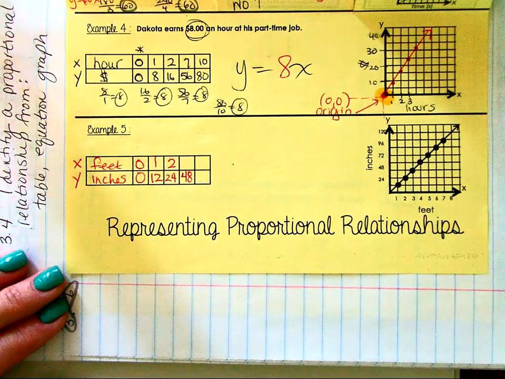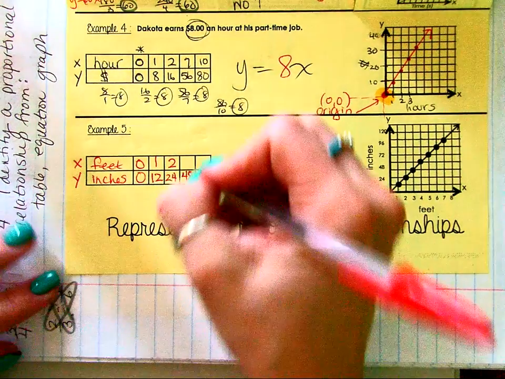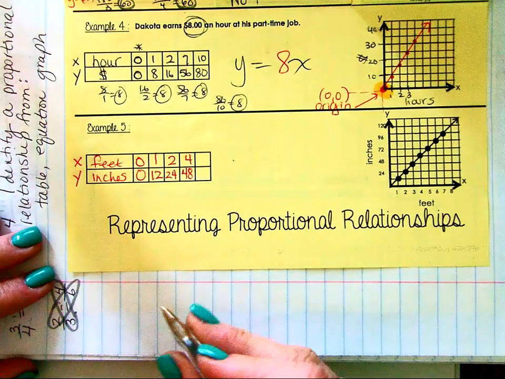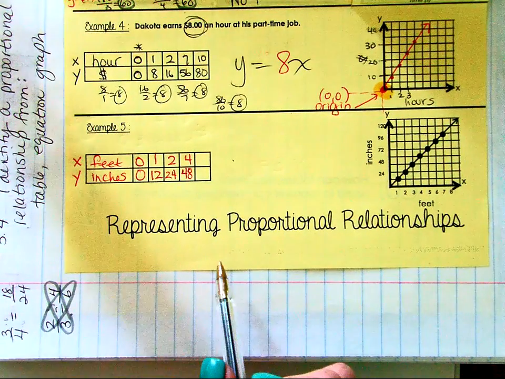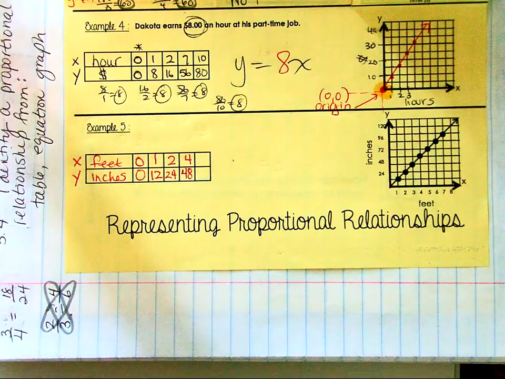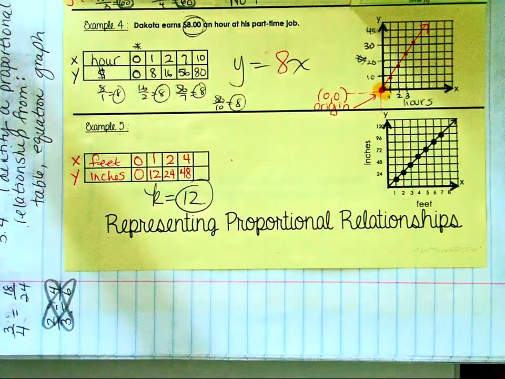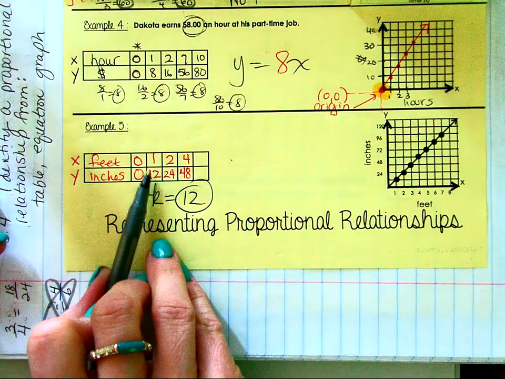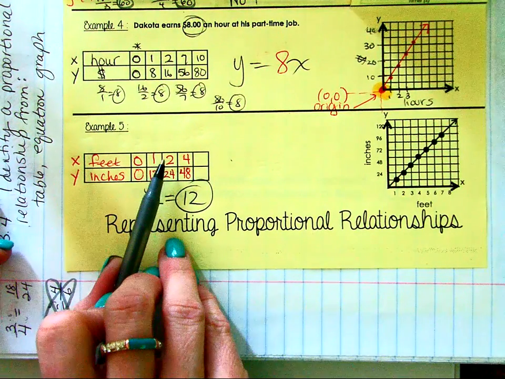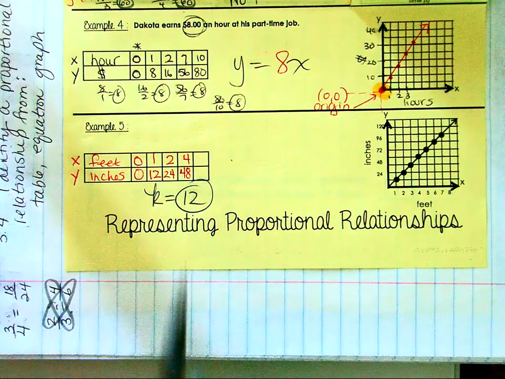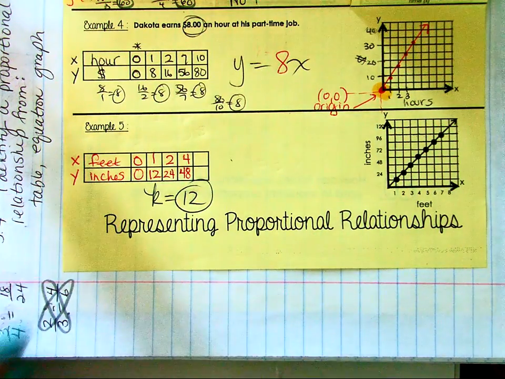So here's the deal. You know your constant of proportionality, meaning K, is 12, right? Because look, what's 12 divided by 1? 12. What's 24 divided by 2? 12. It's all about finding that number. So if I put 5 here, then that would be 60.